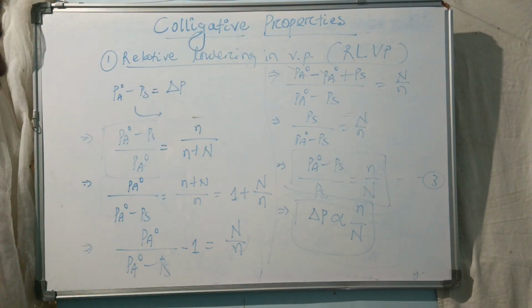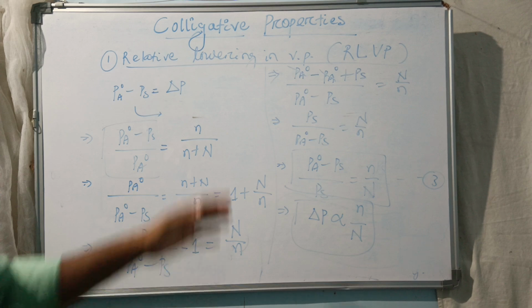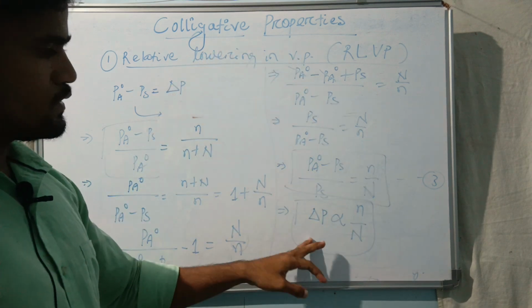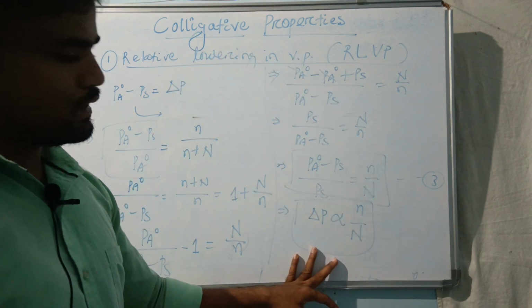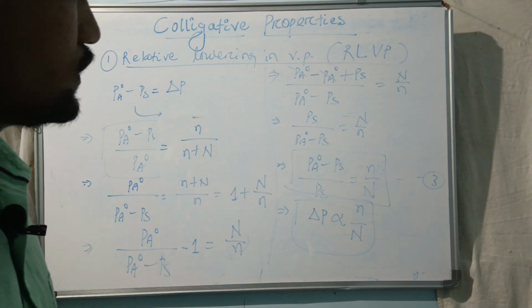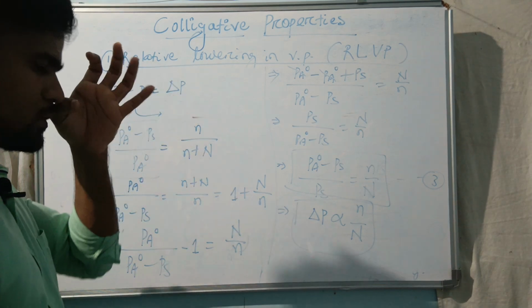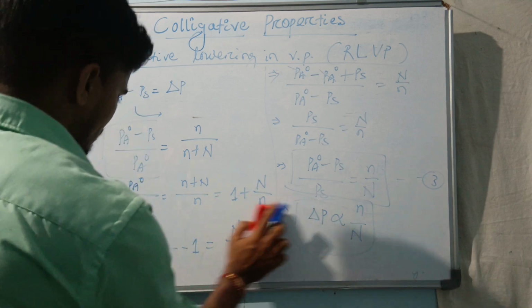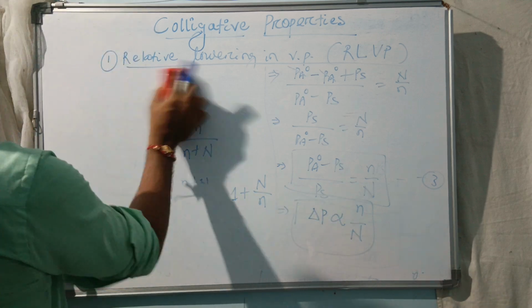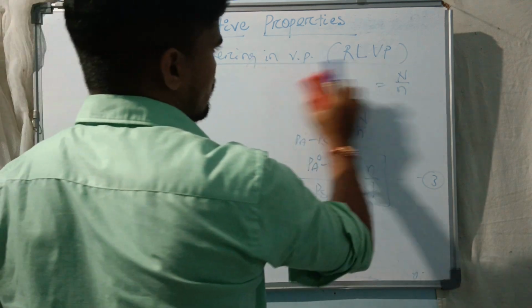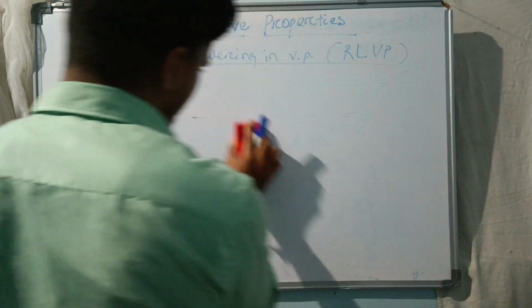Hence it is proved that relative lowering in vapor pressure depends upon the number of particles of the solute only. So this proves that this is also a colligative property. Let's do some numericals relating to relative lowering in vapor pressure.